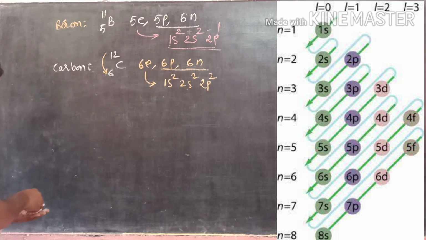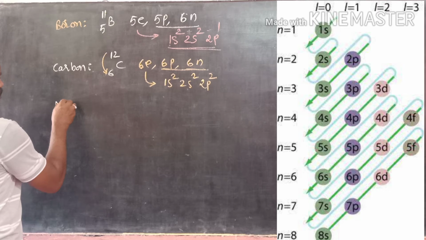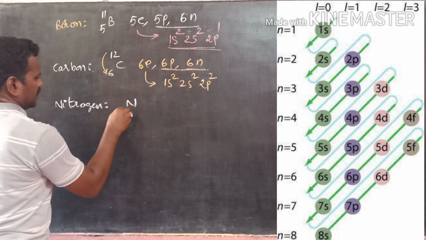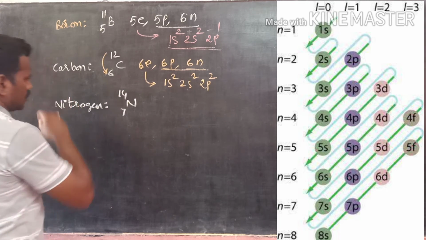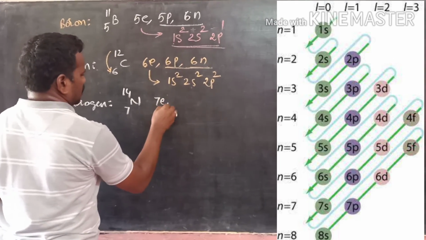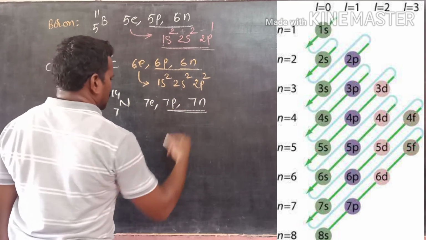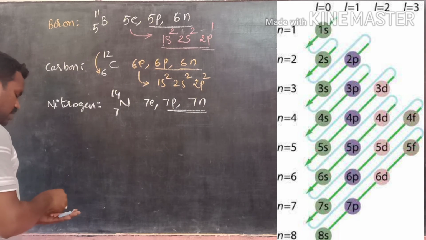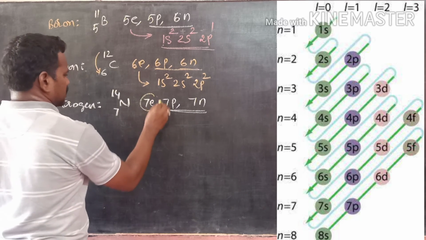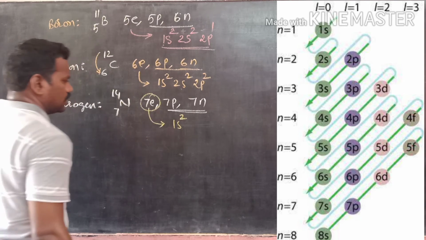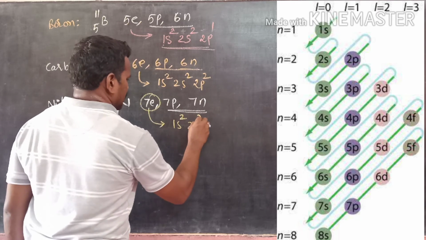Next element is nitrogen, whose general representation is N-14 with atomic number 7. That means it contains 7 electrons, 7 protons and 7 neutrons. These protons and neutrons are there inside the nucleus. What about these 7 electrons? The electrons will first occupy 1s orbital, next 2s orbital.